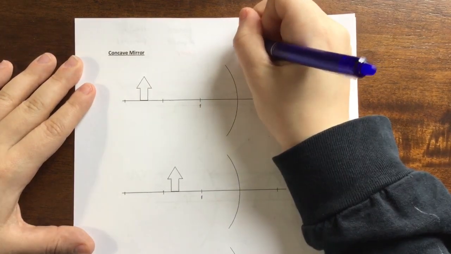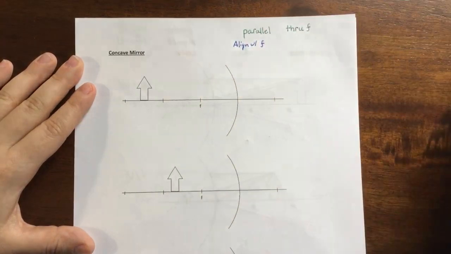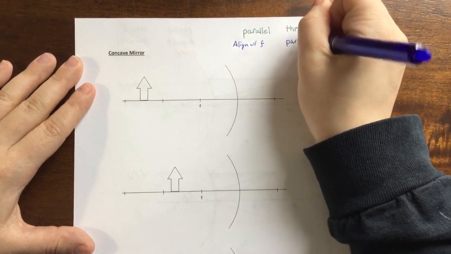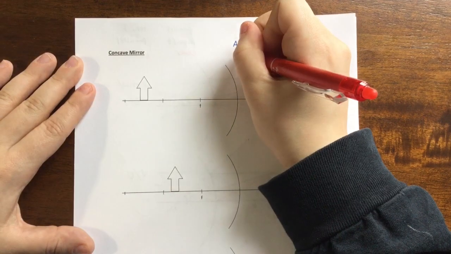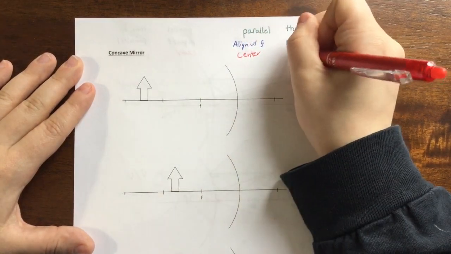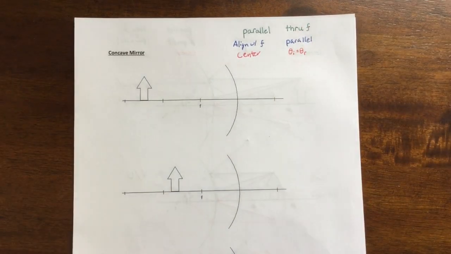Our second one will align with F and emerge parallel. Third one hits the center and emerges at the same angle.